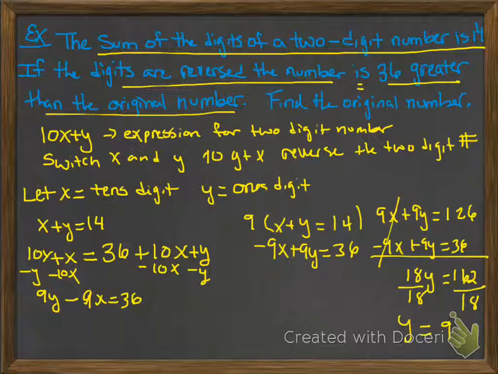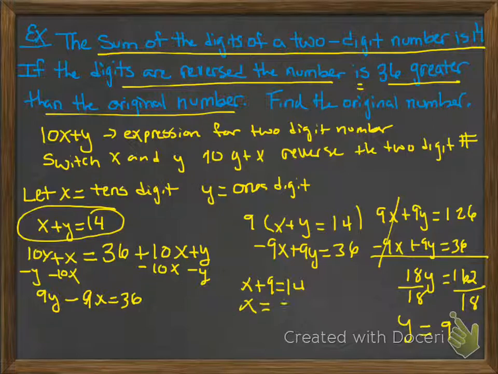Now if y equals 9, I can go back to this original equation right here and find out x plus 9 is equal to 14, so x must equal 5. So I have the point 5, 9, otherwise known as 59 if we put it all together.